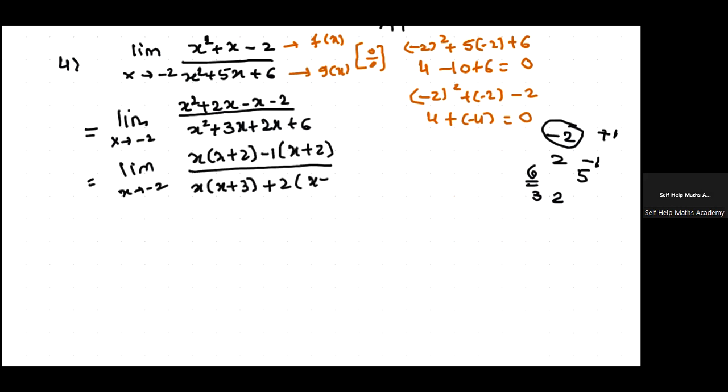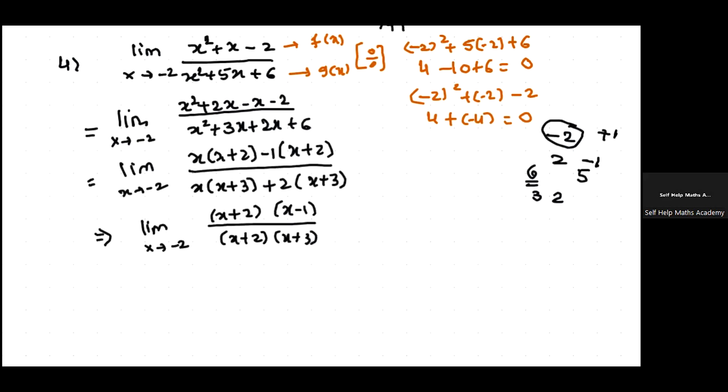So further we can write this as limit as x is tending to negative 2 of x plus 2 into x minus 1, divided by x plus 2 into x plus 3. You can find the common factor of the numerator as well as the denominator as x plus 2.